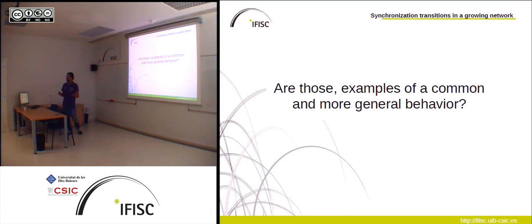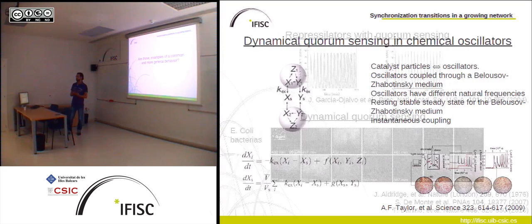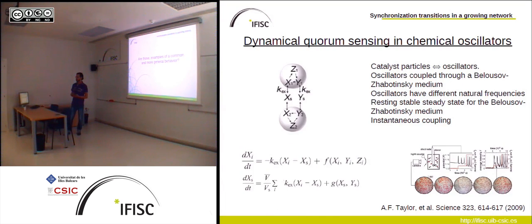Other questions from here are, for example, if it's possible to show this behavior in other types of coupling topologies, because here I showed that this is a star coupling topology. You have a common medium, you have the catalyst in this case, the pedestrians in the case of the bridge. Is it possible to show these behaviors in other topologies?